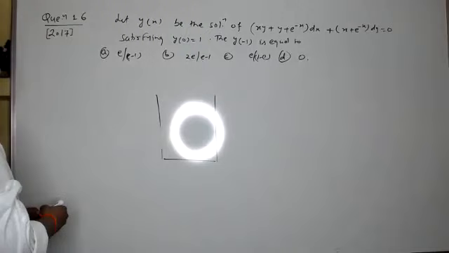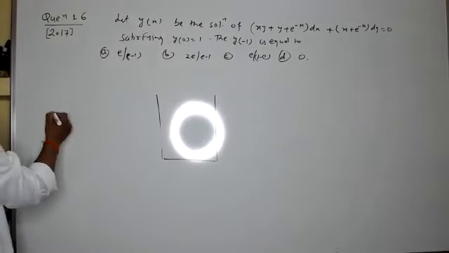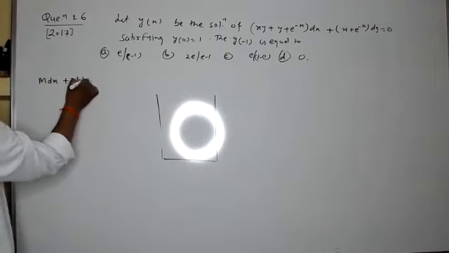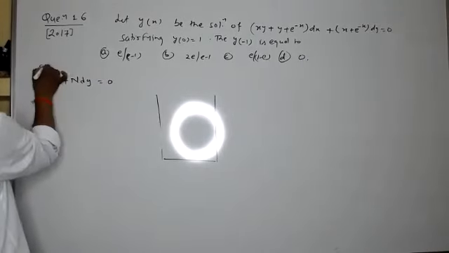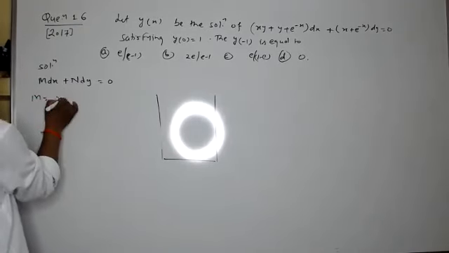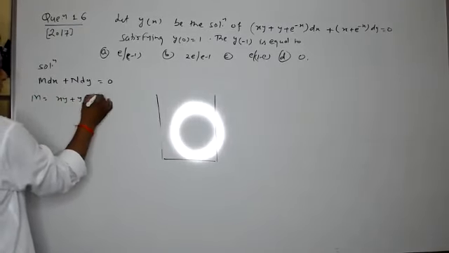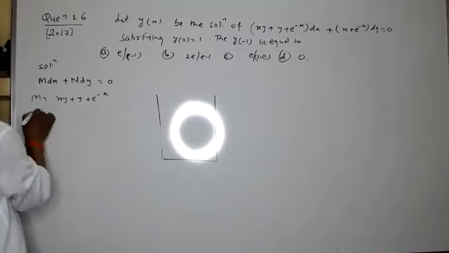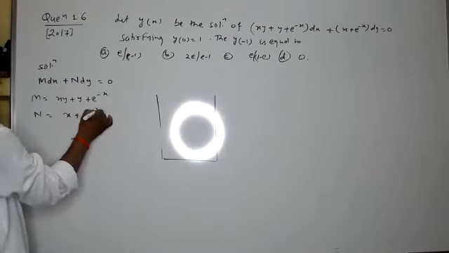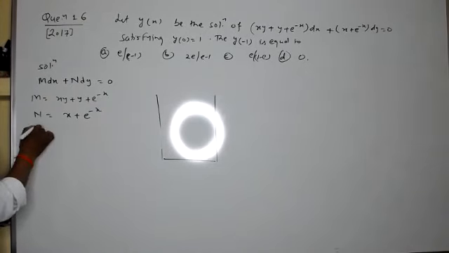Let me try this question. If you observe the question, it is of the form M dx plus N dy equals 0, where M is x plus y e raised to the minus x, and N is x plus e raised to the power minus x.